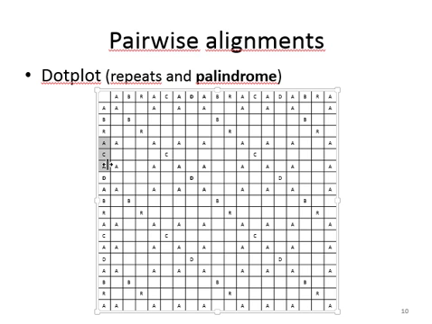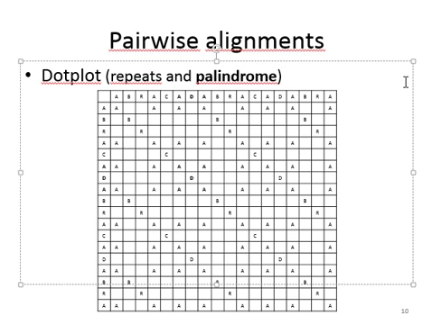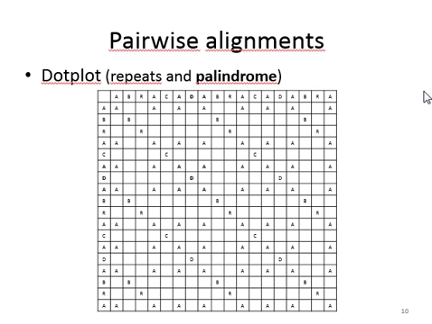Palindromes are sequences that can be read from one side to the other the same way. The same happens with ADA here. Okay? And these are graphical representations with which we can apprehend the existence of patterns, repeats, palindromes.